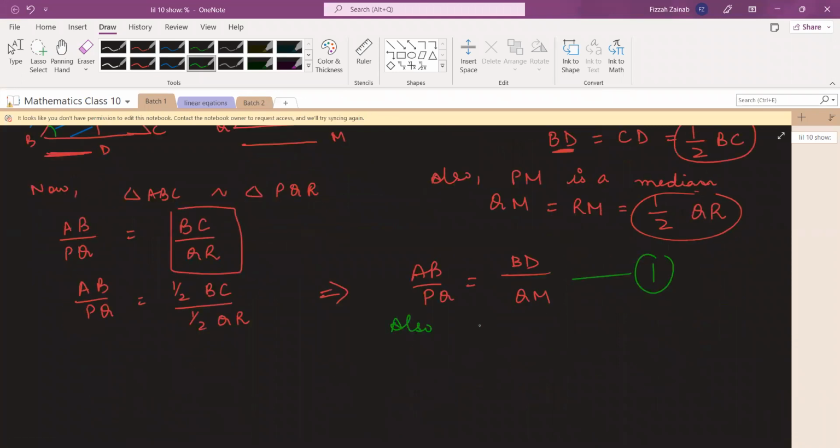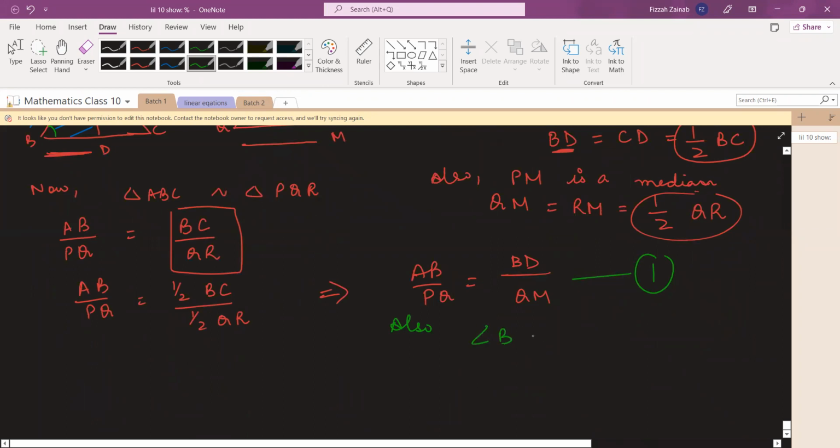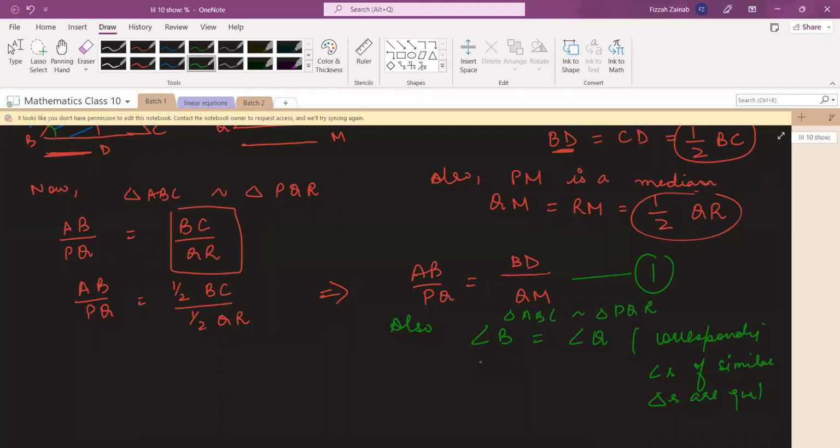Also, angle B is equal to angle Q. You can write corresponding angles of similar triangles are equal. Or before this, you can write, triangle ABC is similar to triangle PQR, and therefore angle B is equal to angle Q. So now I have got two sides in proportion and one angle, the included angle, is equal. So by SAS criteria, my blue triangles are similar, correct?